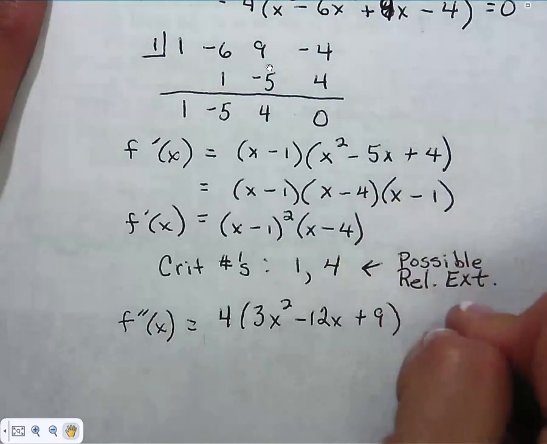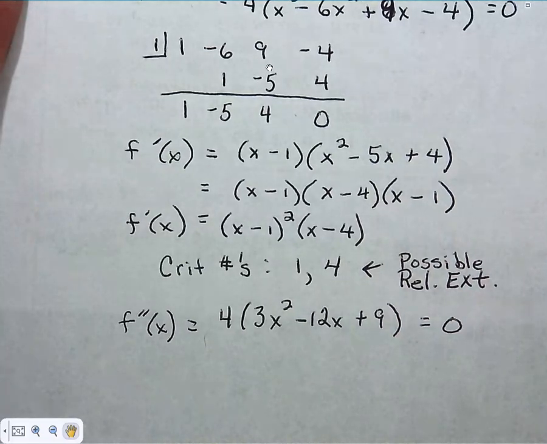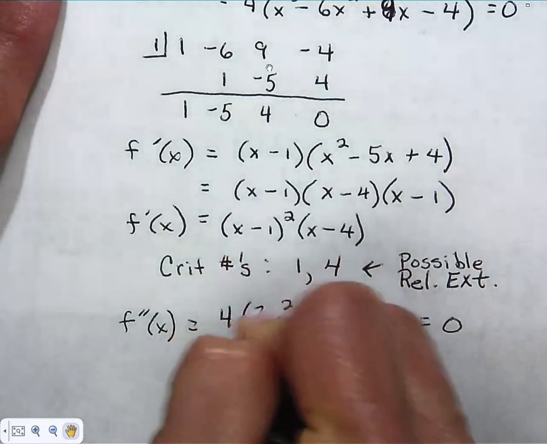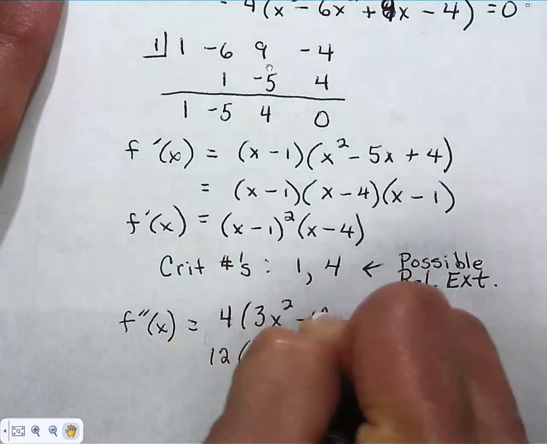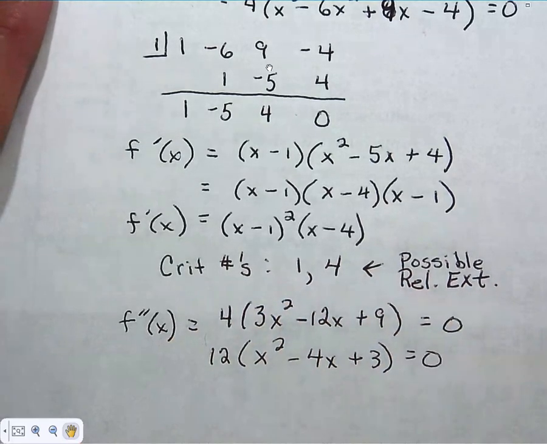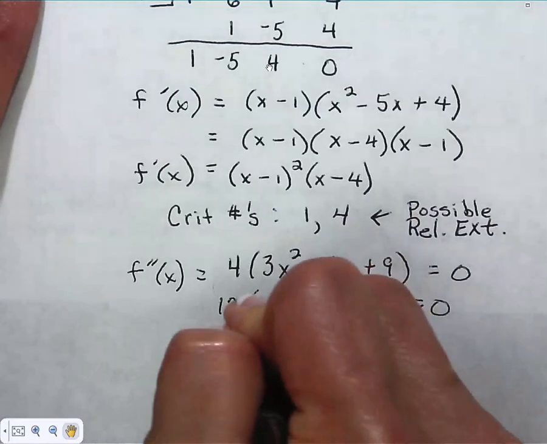And then I'm looking for what makes that equal 0. I can factor a 3 out of that, multiply the 3 times the 4 that I already have outside. It gives me 12 times x squared minus 4x plus 3. And thankfully that will factor.